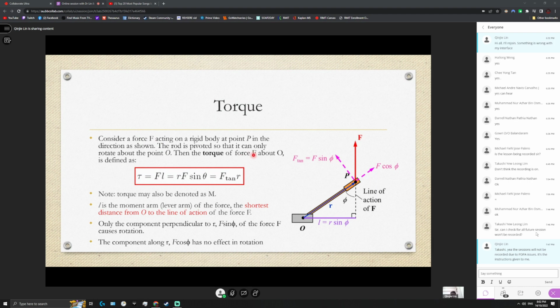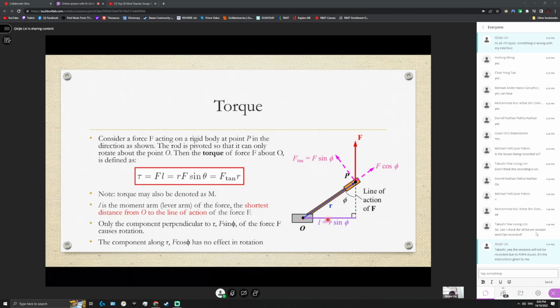The torque of force F about point O is given by the force times your L. Essentially, it is the force times the perpendicular distance away from the pivot. So F is here, and this is the perpendicular distance.